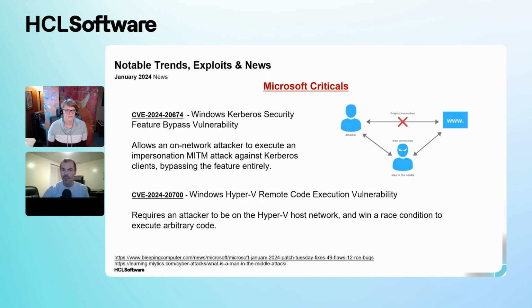It requires a machine in the middle, which also requires some additional bars to be cleared in terms of spoofing an IP address or otherwise tricking a system into talking to this malicious actor inside your network. So it's not an automatic failure of everything. But in that case, this allows an attacker to impersonate anything that it can get to talk to this box. So we bypass Kerberos altogether and can pivot into anything that has an open account.